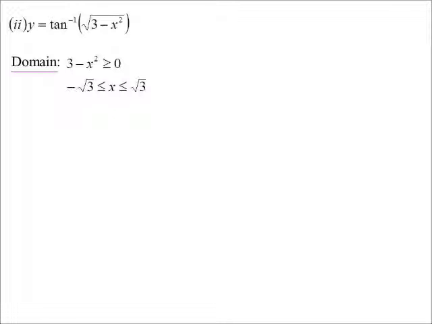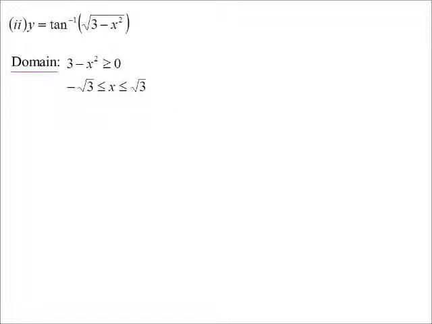So my domain, if I said to you, what's the domain of the square root of 3 minus x squared, because that's what's going to end up being the domain of this function, because remember, we can substitute anything into inverse tan. Well, we would have said, oh, well, underneath the square root sign's got to be greater than or equal to 0. So minus root 3 to positive root 3 will be the domain.